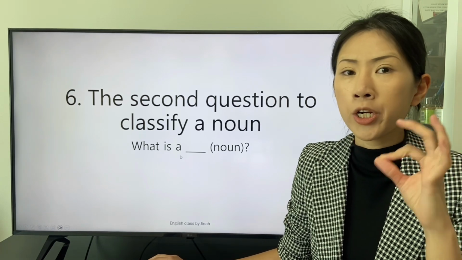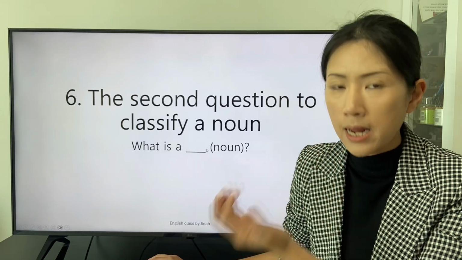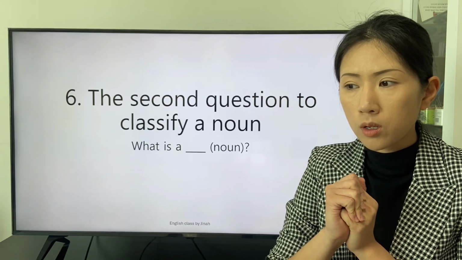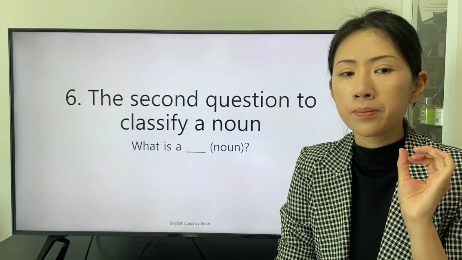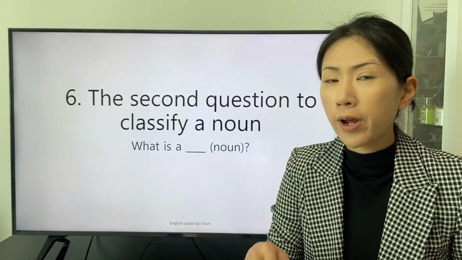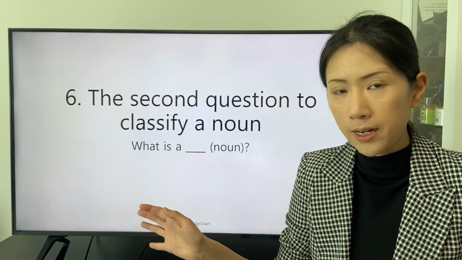The determiner a indicates that the object indicated by the noun is indefinite.